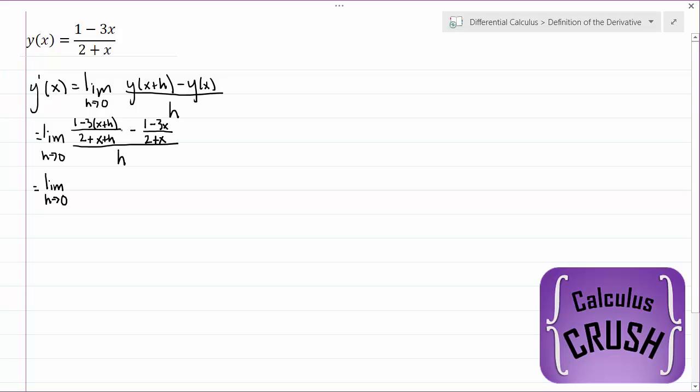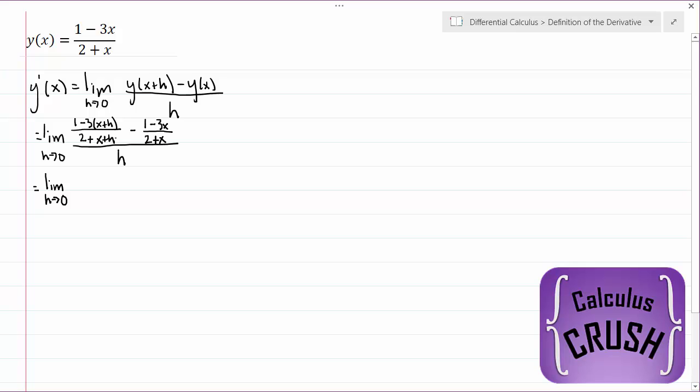And let's start. Well, actually, before we expand this, I want to write this on a common denominator. So we've got fractions, one fraction minus another fraction. In order to write them on the same denominator, we need to find a common denominator. And the common denominator is just each denominator multiplied by each other.